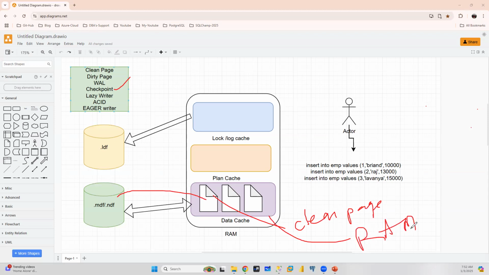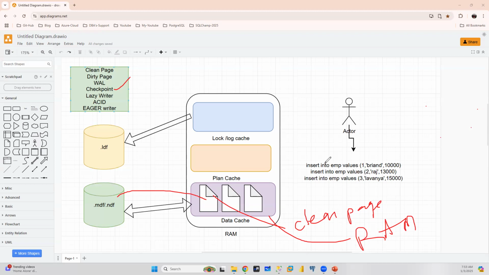The pages are still being copied from MDF and placed in RAM. In the real world our database sizes are in terabytes, but our RAM will be 64 GB, 128 GB, 256 GB. Our databases are double the RAM size or more.